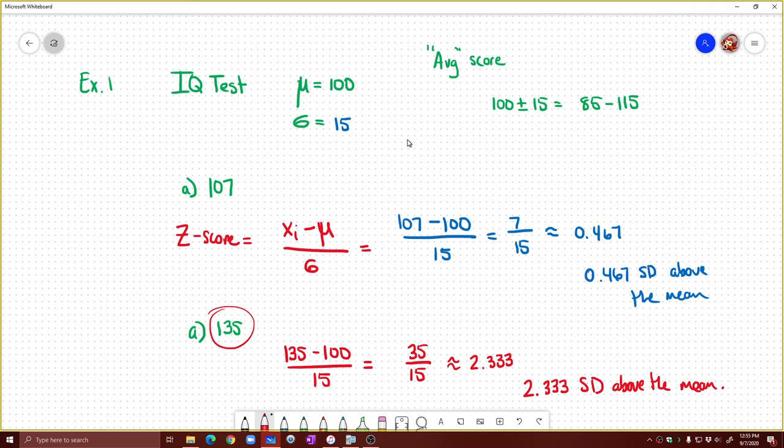Now, on the flip side, what if you scored significantly below the average score? Well, that is where we have the exceptional education program. And to get access to those programs and services, you would have to score significantly lower on an IQ test in order to gain access.